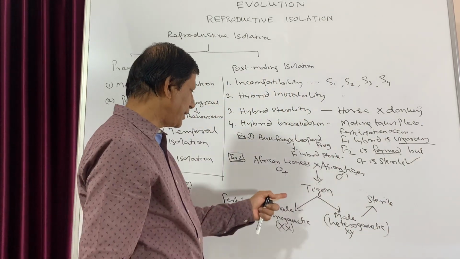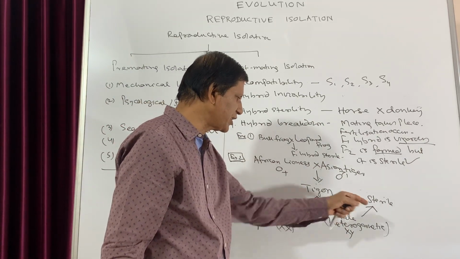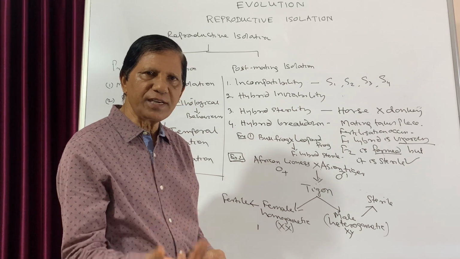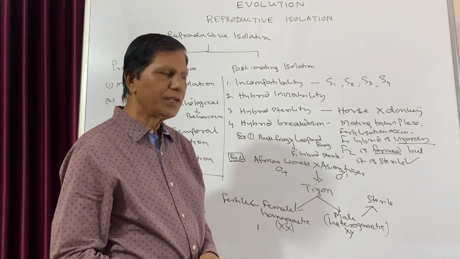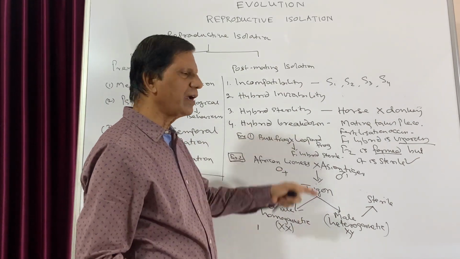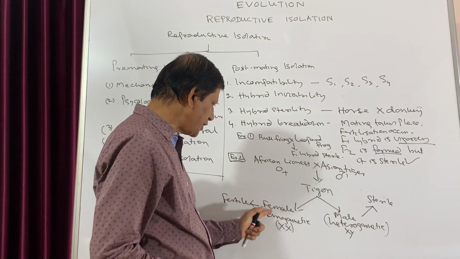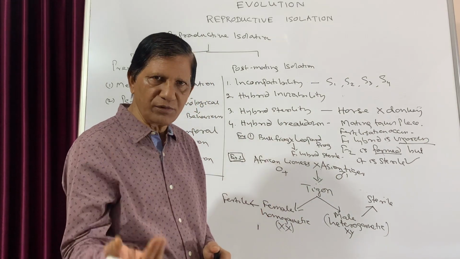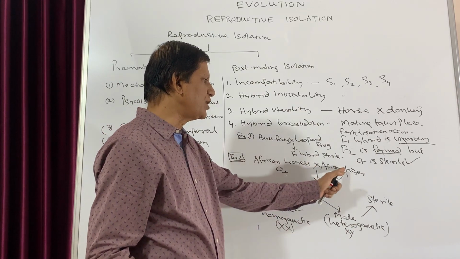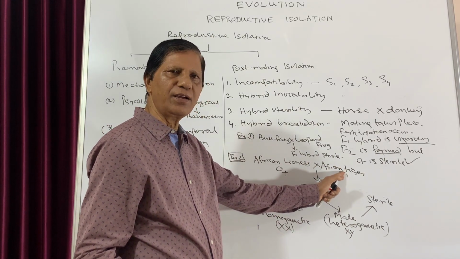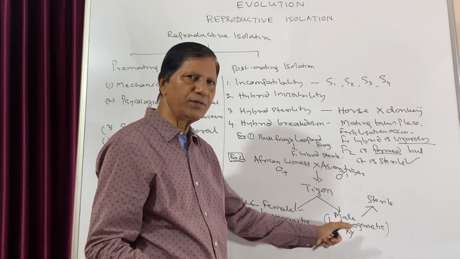If the females are fertile and males are sterile, how will breeding take place for the next generation? That means hybrid breakdown is taking place because the males are sterile. If this female has to give rise to new offspring, it has to be crossed with the original male Asian tiger. Then only it can reproduce. Otherwise, the hybrid breaks down here.